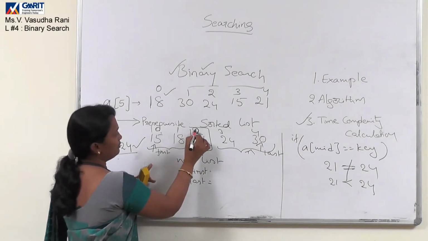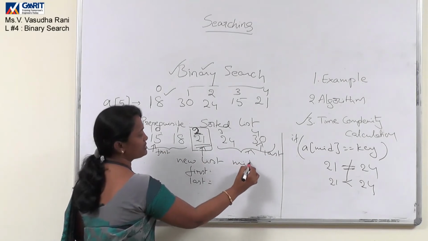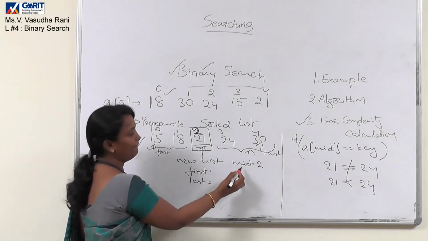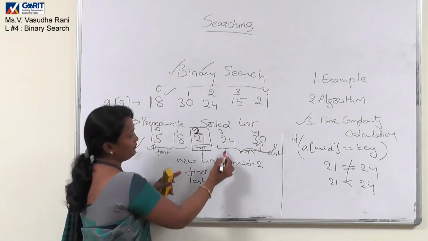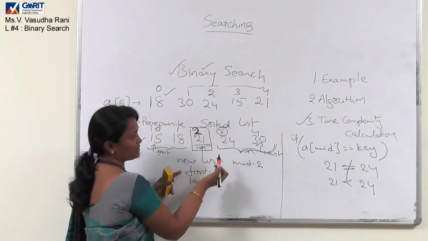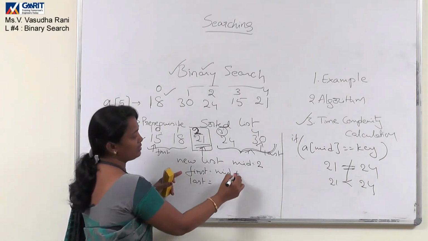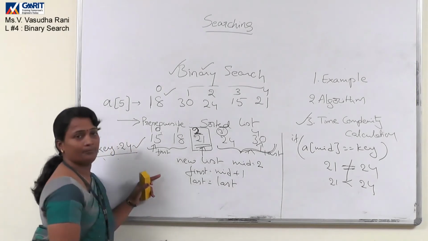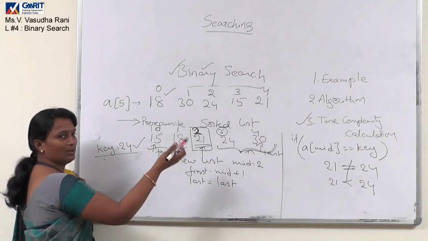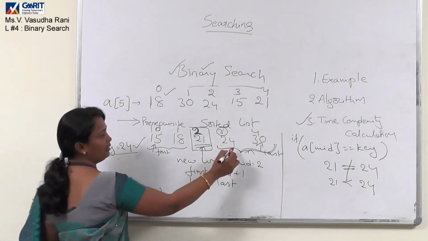The position is available to us in the variable mid. So for our new list, the new first position is taken in terms of mid. It is mid plus 1, and the last will remain the same. Now again we continue the same procedure of calculating a new mid for this new list.